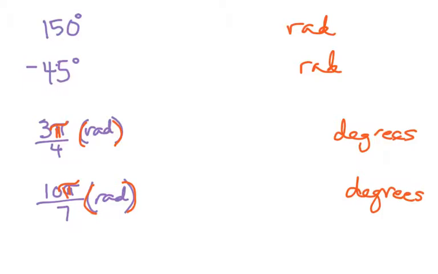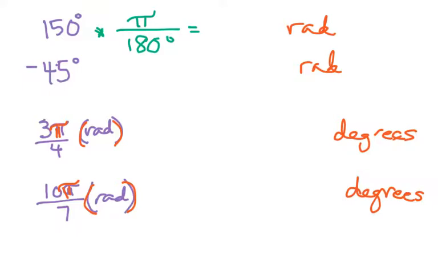Okay, so we're going to go back to 150 degrees. Remember, we want to make the degrees go away. So we're going to multiply by a fraction where the degrees are on the bottom, and that's 180 degrees equals pi. Again, you don't have to write the radians.